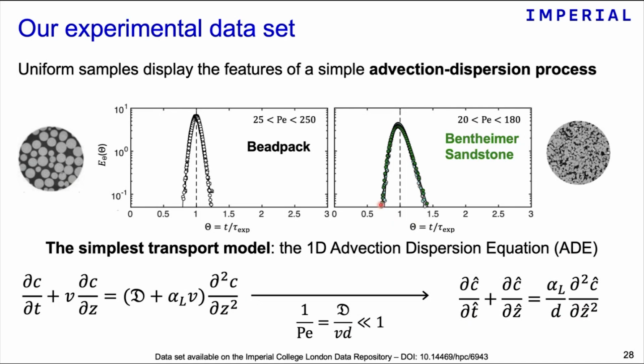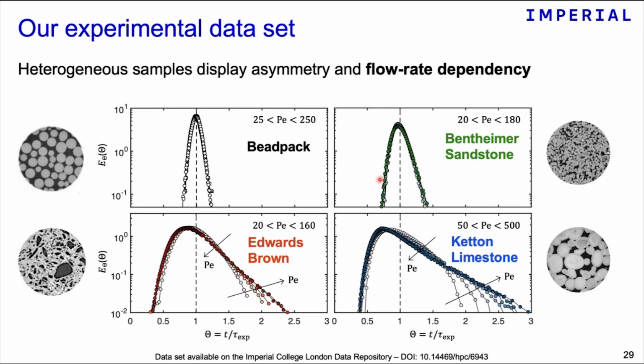Here you see several experiments in both cases at different flow rates across a regime of Péclet numbers, and all the data collapse into the same curve. So that's something known and something that you can easily predict. However, when you move to samples that are more heterogeneous, and we go back to the carbonate samples I was discussing before, we see that the curves no longer collapse into a universal curve.